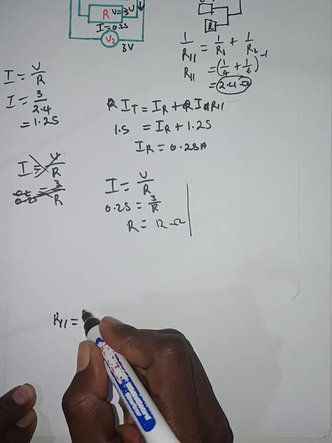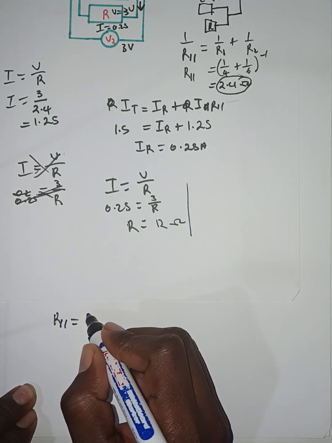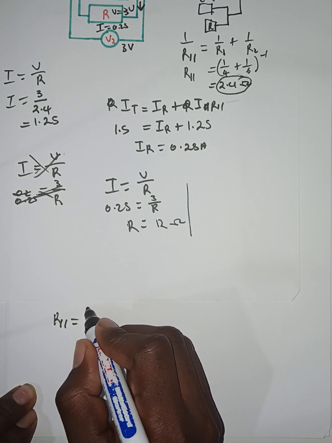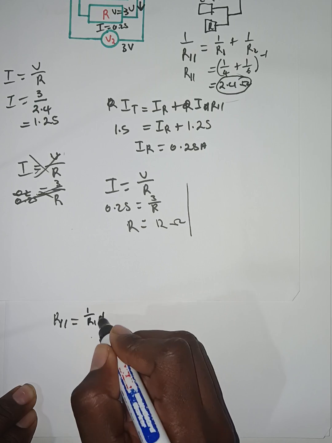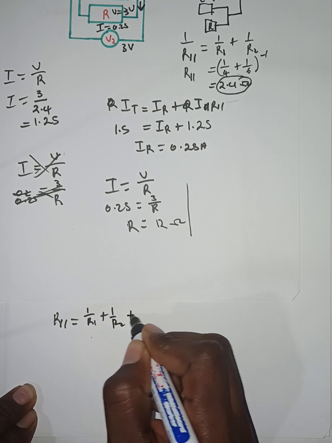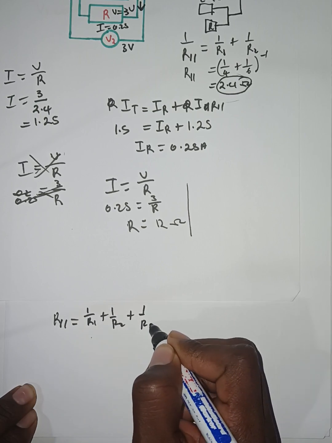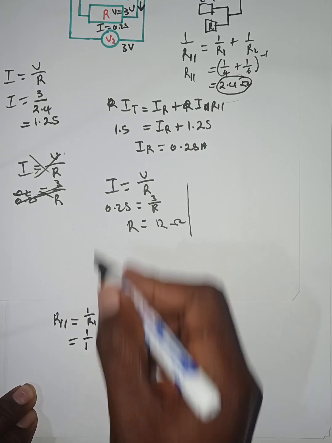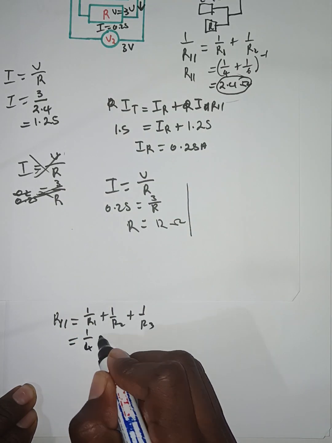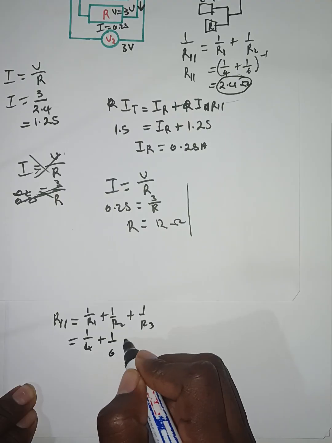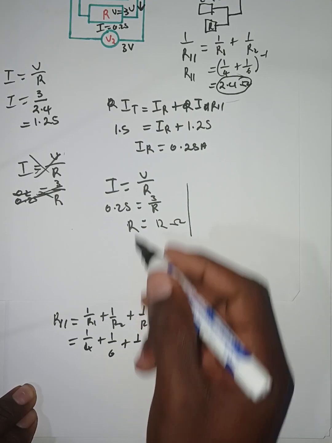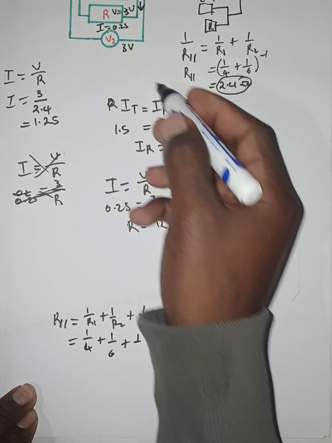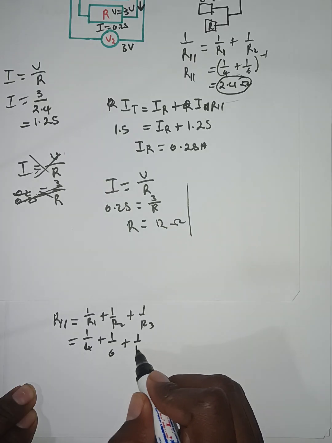So of course, to calculate R parallel again, this will be 1 over R1 plus 1 over R2 plus 1 over R3. So if I do that, this would be 1 over 4 plus 1 over 6 plus 1 over, what's that value there? We said that value was actually 1 over 12.